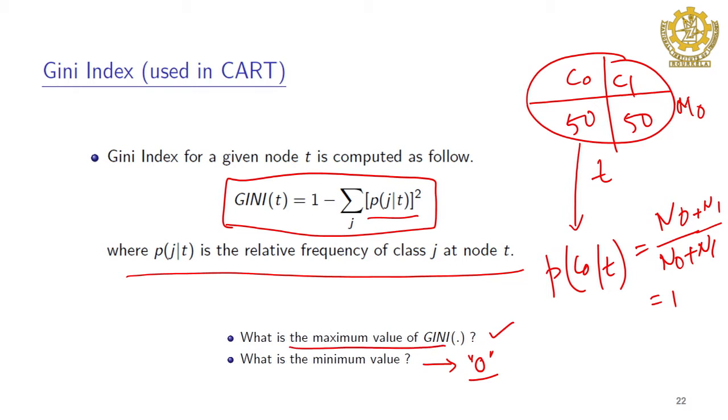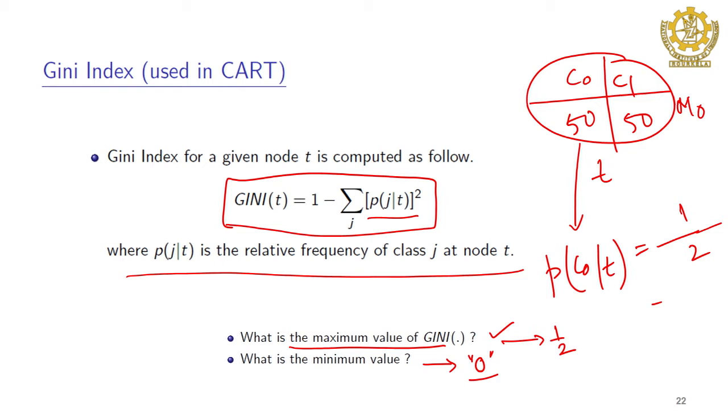What will be the value of PjT here? It will be 50 by 100, so half for each class, and the maximum value will be half for the two-class problem.